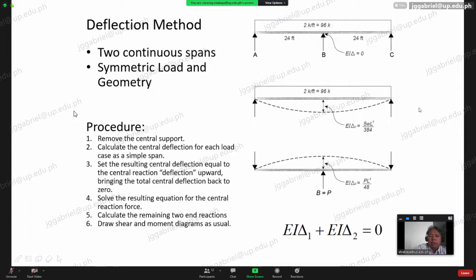Okay, how do we do this? Deflection method. We remove the central support. We calculate the central deflection for each load case as a simple span. So if we remove the support here, you have a simple span, a simply supported beam.